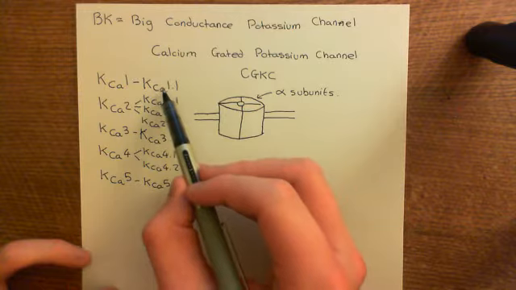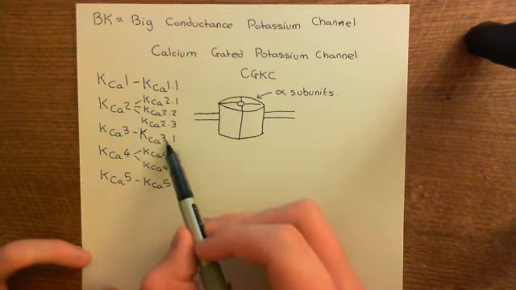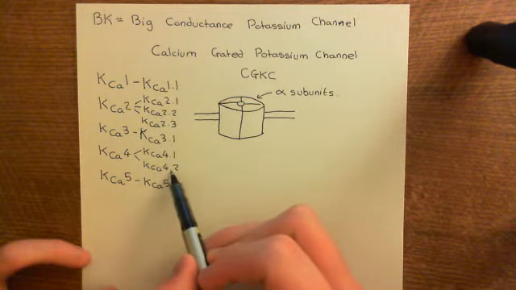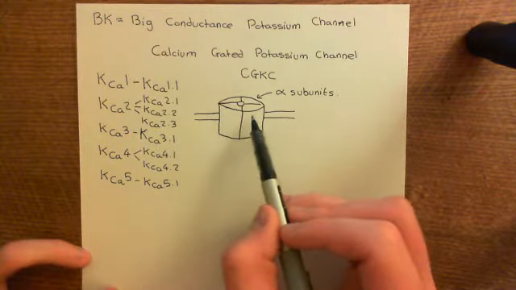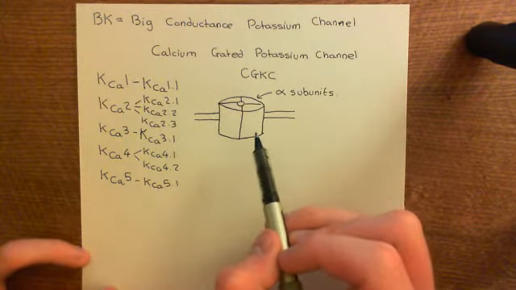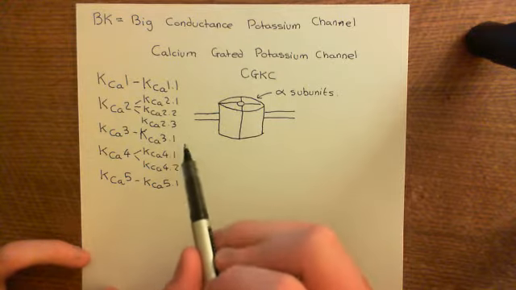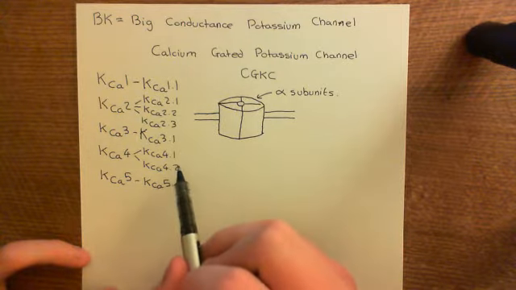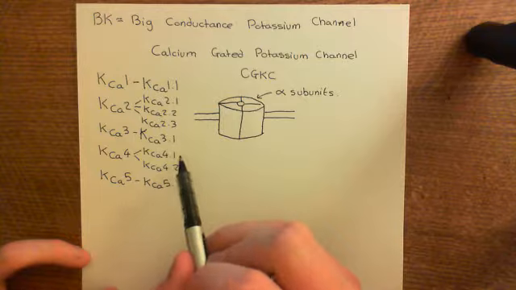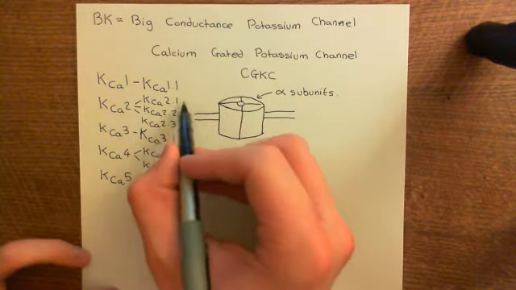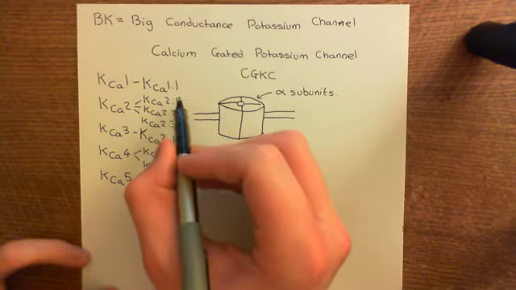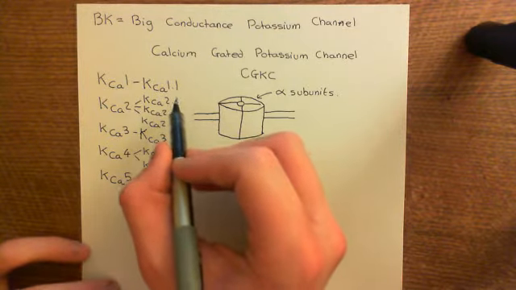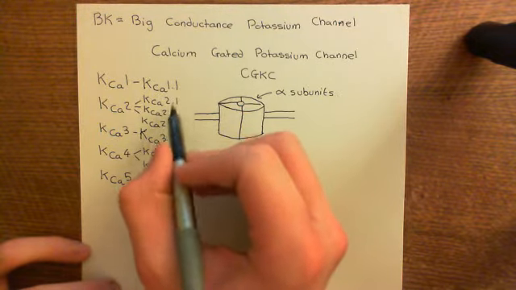So maybe make an alpha subunit of this gene, an alpha subunit of this gene, an alpha subunit of this gene, maybe another alpha subunit of this gene, stick them all together and make that a calcium-gated potassium channel. Well, you certainly can't do it quite as extremely as I just said. Within families you can form heterotetramers, and we'll discuss this in a moment. But between families you can't.